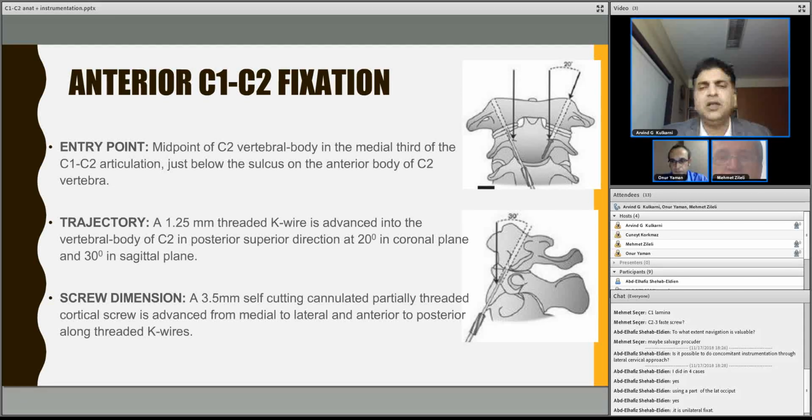Again you put a 3.5 mm cannulated cortical screw so that you get a similar purchase in the C1 lateral mass.